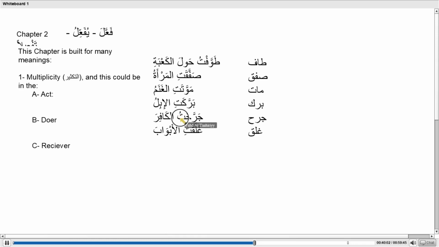It can never be shown, because by you saying Jarrahtul Kafir, you do not want to tell whoever you're speaking to that there are many people who have wounded the disbeliever. But what do you want to say when you say Jarrahtul Kafira? No, you want to say that the action which came from me came many times.